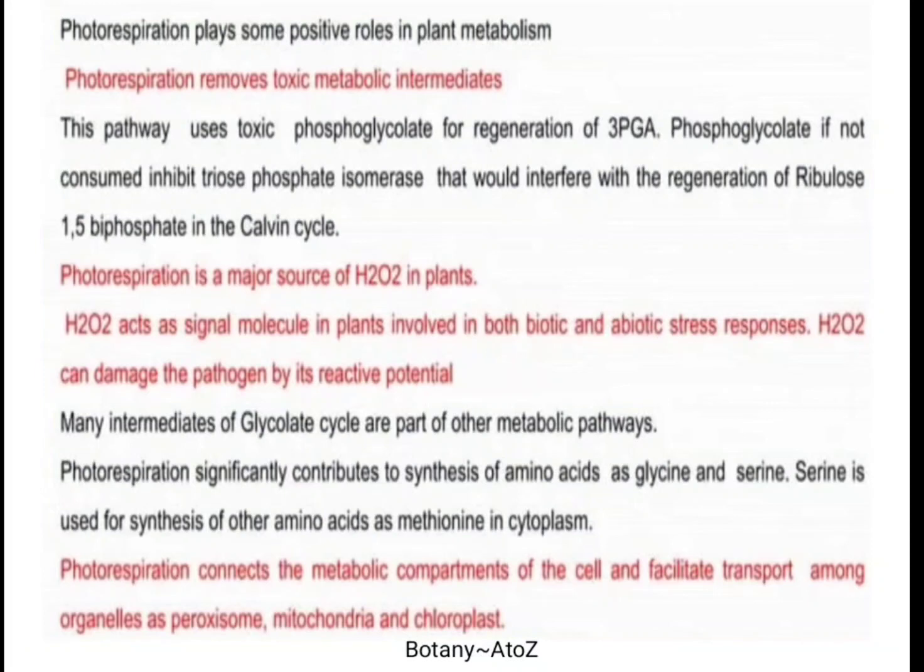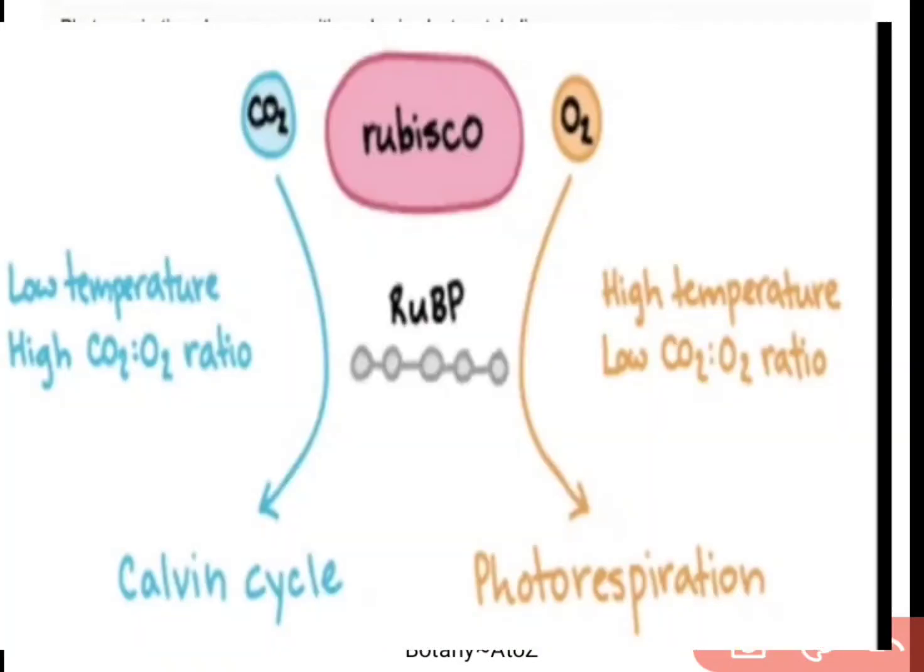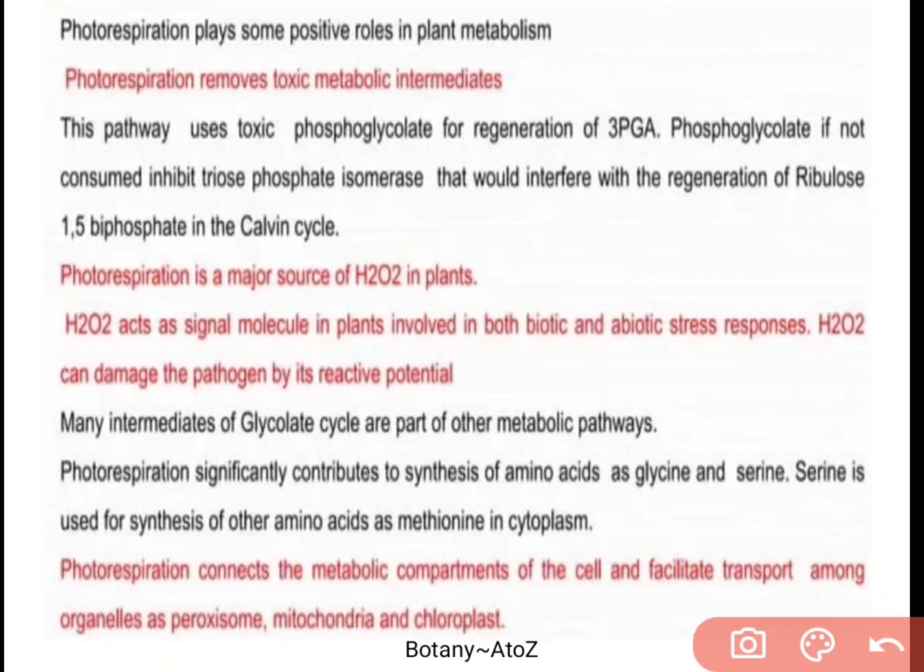Moreover, photorespiration removes many toxic metabolic intermediates. Look, the decrease in the efficiency of C3 plants is actually not because of photorespiration. It is because of the oxygenase activity of RuBisCO. Photorespiration, in fact, helps us in getting rid of the phosphoglycolate. Phosphoglycolate can be toxic.